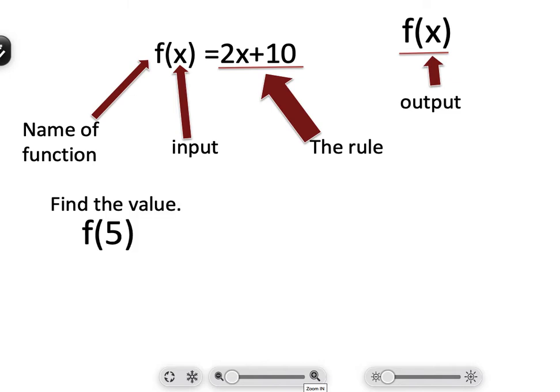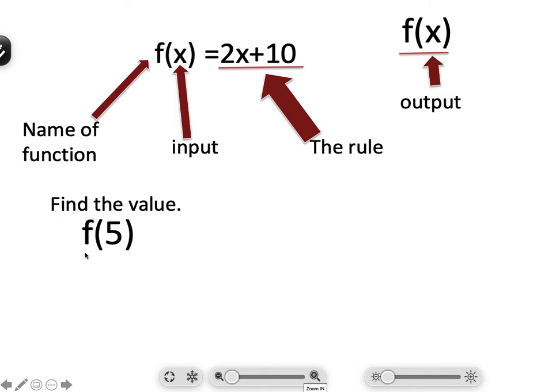So let's look at an example. When we use function notation, we're going to be asked to find some answers. For example, find the value of f of 5. It's amazing that you can use these symbols and it can ask you to do stuff. This tells you to find the function named f.